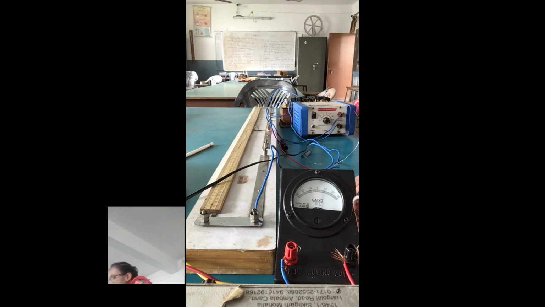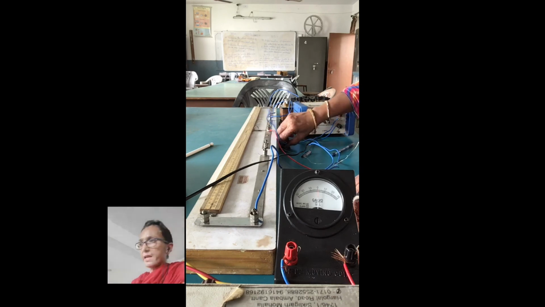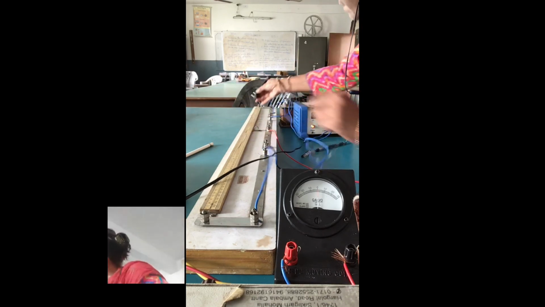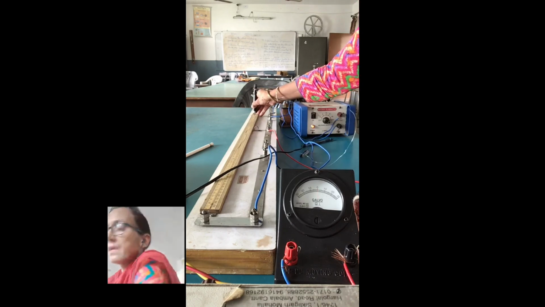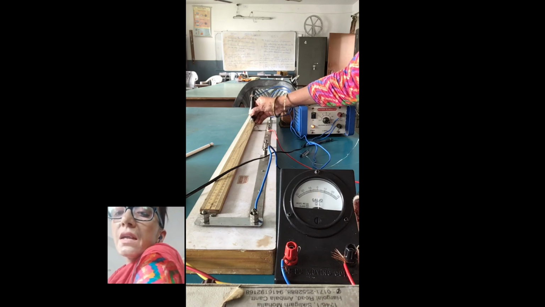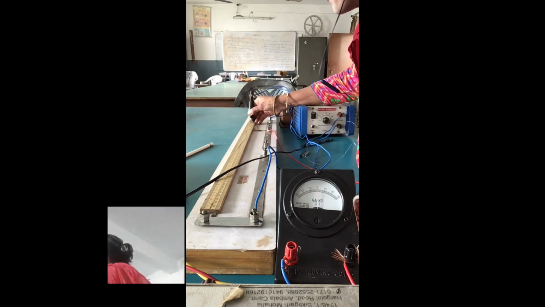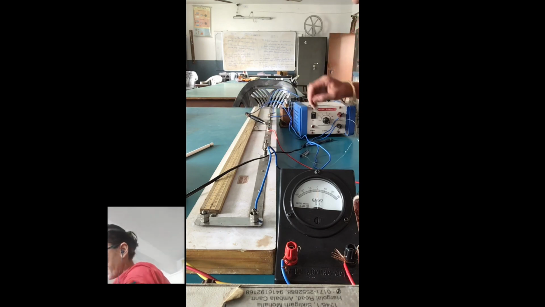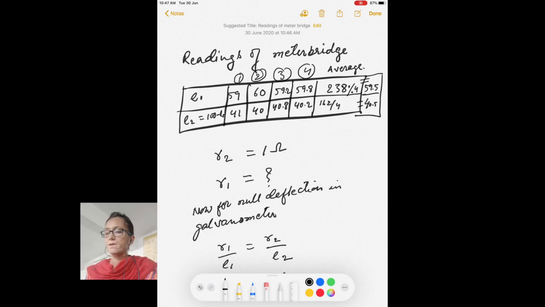And for the last reading I am going to scroll from the other side and observe the value. Okay, here we obtain the null point exactly at 59.8. Now let us calculate the readings for finding the value of the unknown resistance.